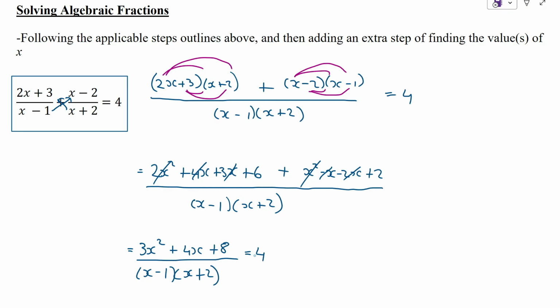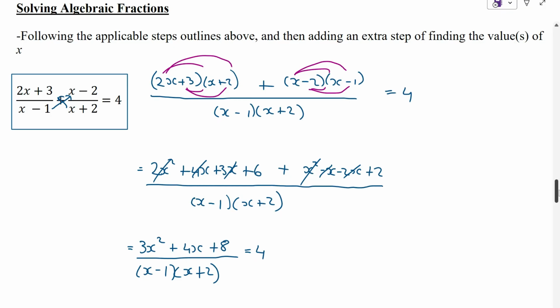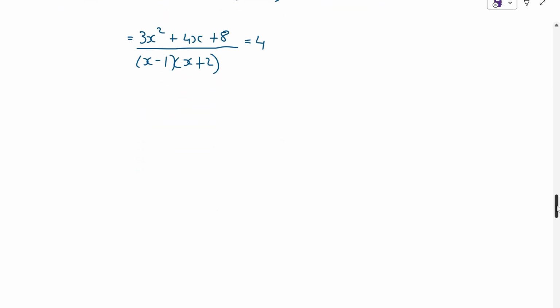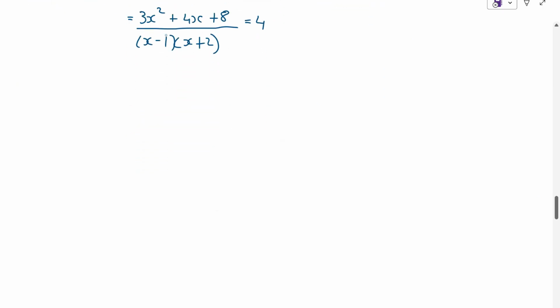But because this equals 4, we need to actually find the values for x now, okay? So what we're going to do is make this equation linear. So we're going to get rid of this fraction by taking it over to the right-hand side.